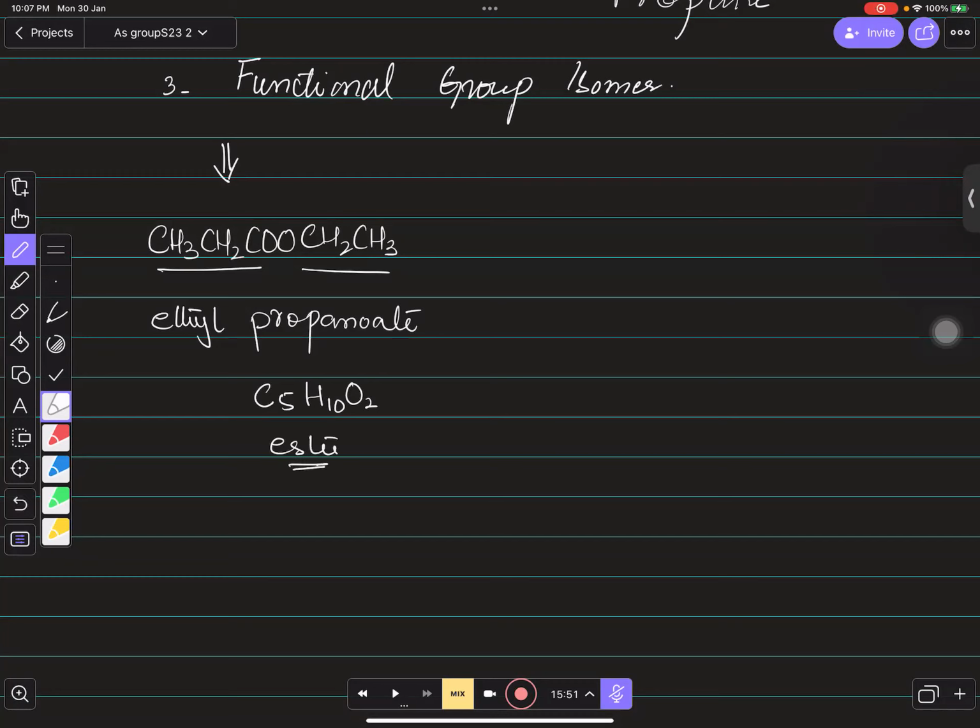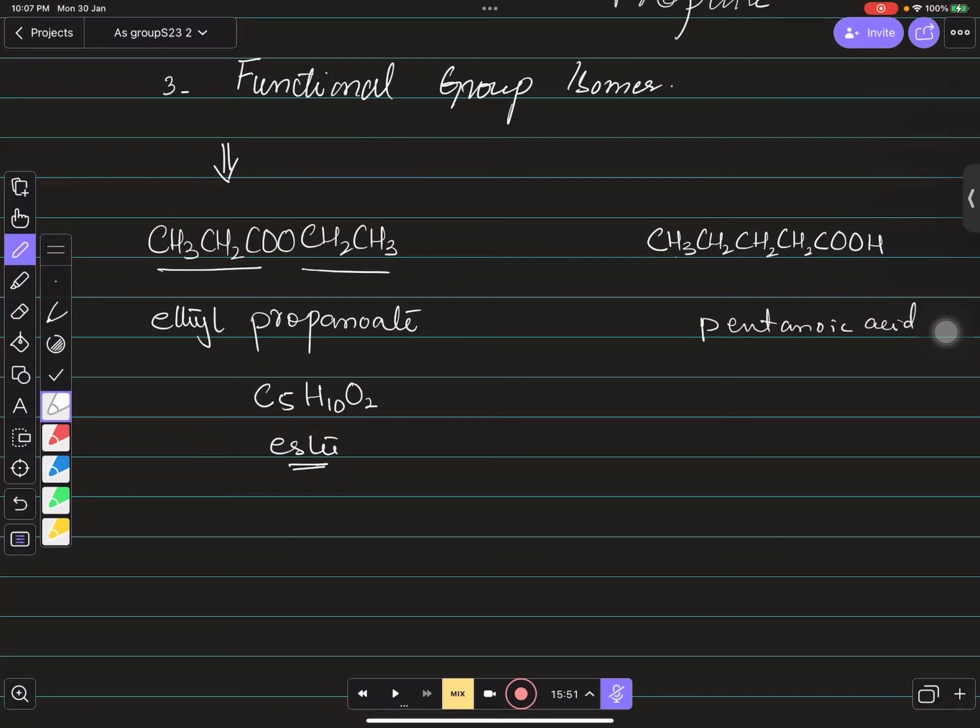And if you talk about a 5 carbon carboxylic acid, it will be CH3CH2CH2CH2COOH. This is a carboxylic acid. The name of this is, 1, 2, 3, 4, 5 carbons, so it is pentanoic acid. This is a different family member.